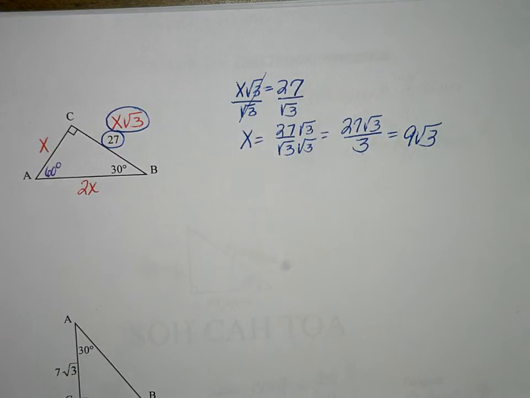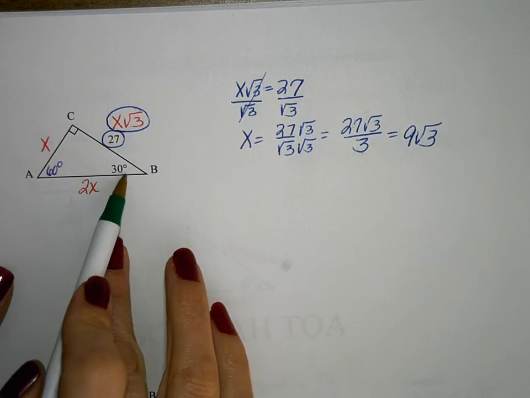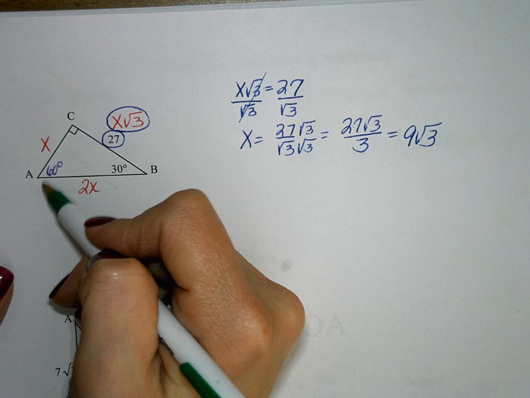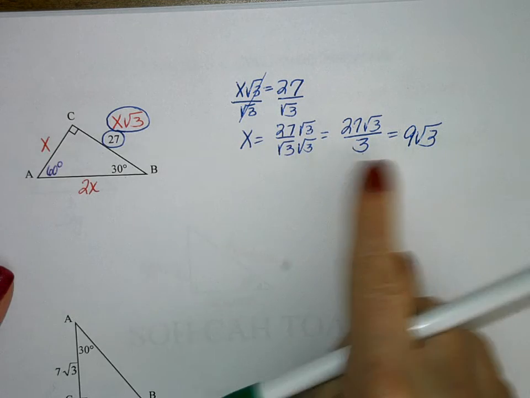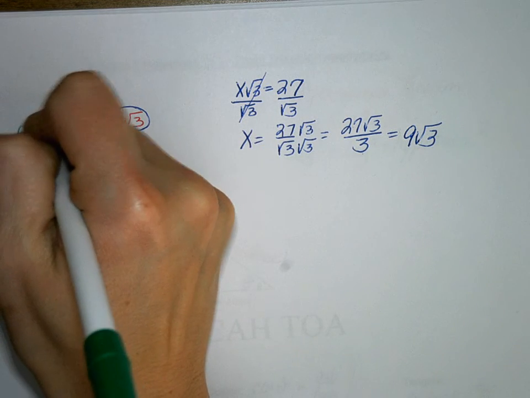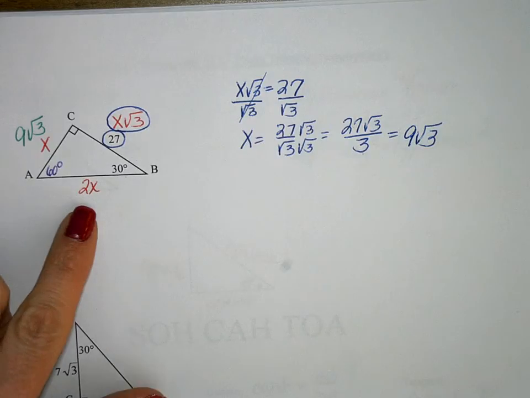All right, now, where do I put that, Miss Maddie? Yeah, so which segment is going to be 9 square root of 3? Opposite of 30. Opposite of 30, segment AC, x. Well, x is equal to 9 square root of 3. All right, how about segment AB?